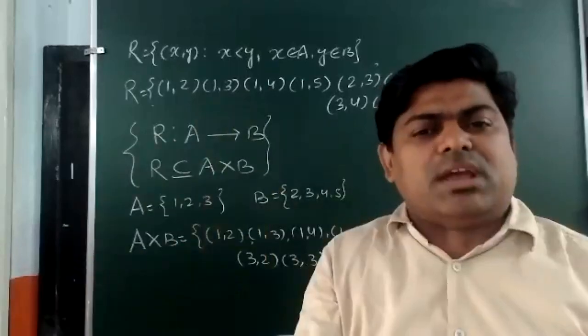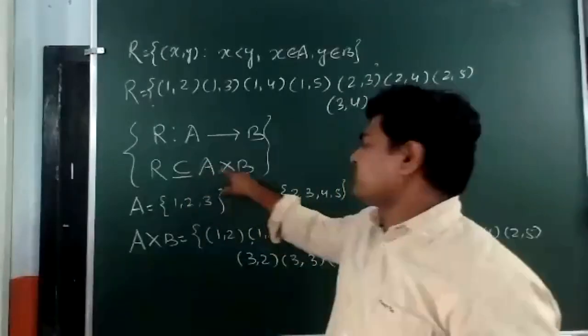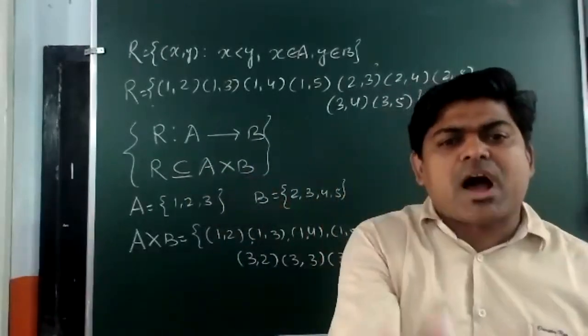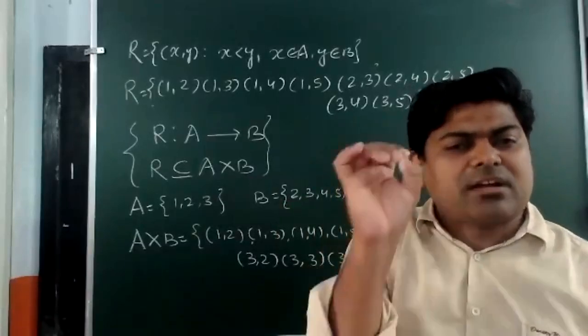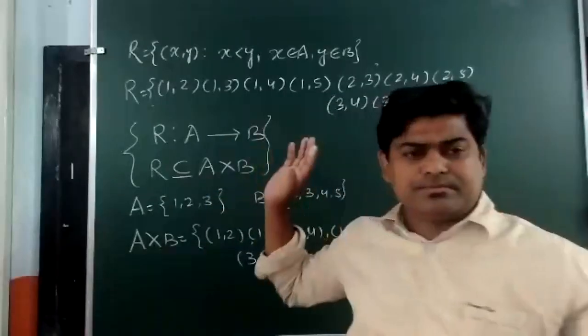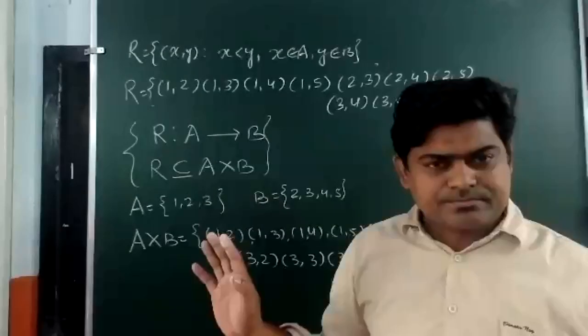But in each and every case, R should be a subset of A cross B. Every element of R will be an ordered pair, and that ordered pair should be an element of A cross B. Okay, you are getting what I want to say.